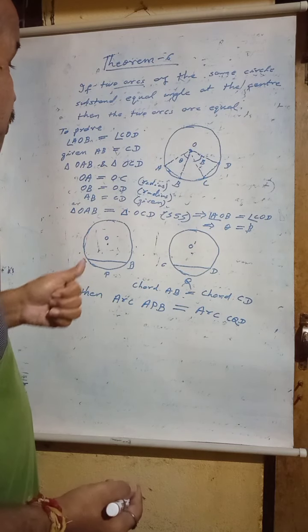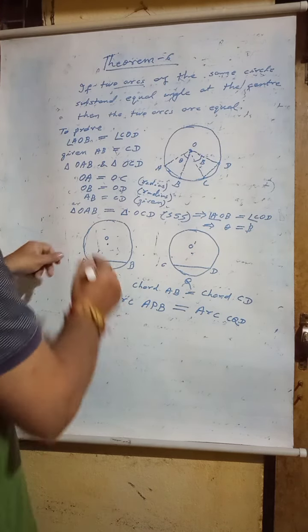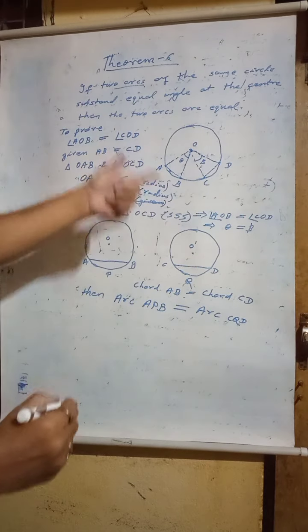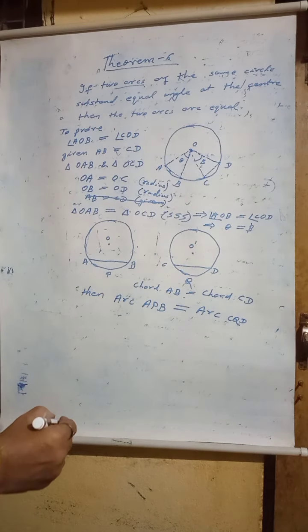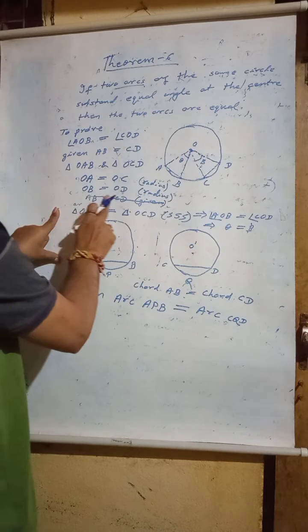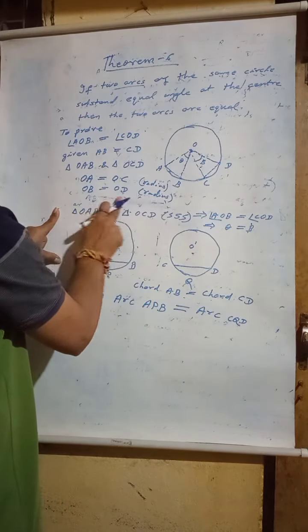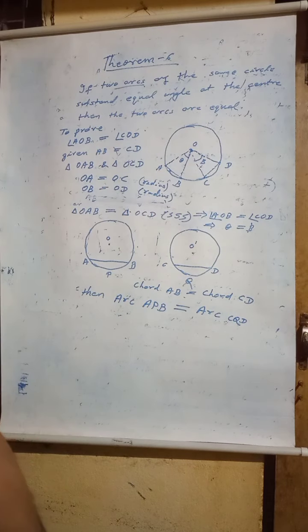What I have done is take the arcs as equal and prove that they subtend equal angles. But you have to prove that the arcs are equal, so this is not given. I am just omitting this; you can take it as another theorem.